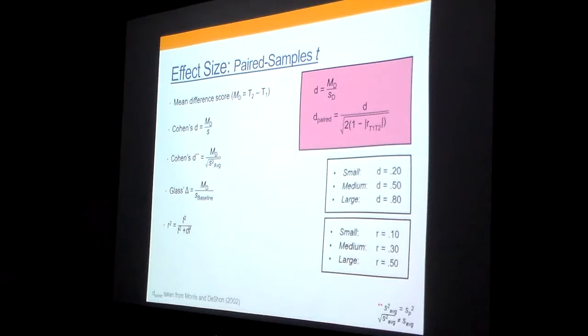But if we look at our difference scores, what's our difference here? 19, 20. What about here? 32. What is it? 25.